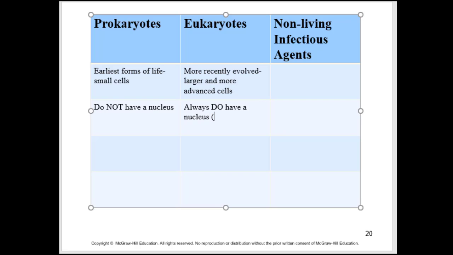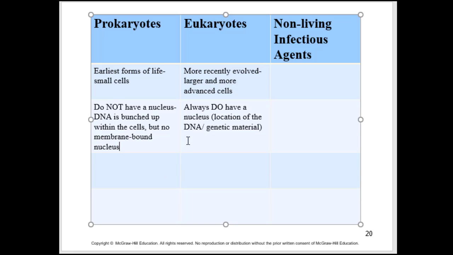Remember, the nucleus is where the genetic material is stored. It's the location of the DNA and the genetic material in an organism. Because prokaryotes do not have a nucleus, their genetic material is just kind of tangled up inside the cell. It's bunched up.